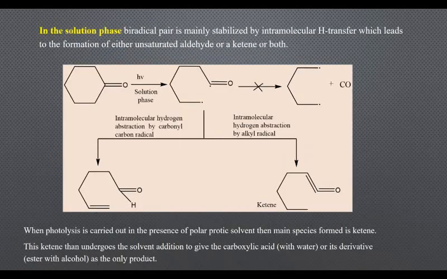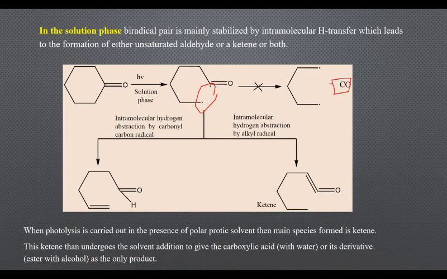In solution phase, the biradical pair is mainly stabilized by intramolecular hydrogen transfer, which leads to the formation of either unsaturated aldehyde or a ketene or both. In solution phase, this biradical is formed, and decarbonylation is not a major process.